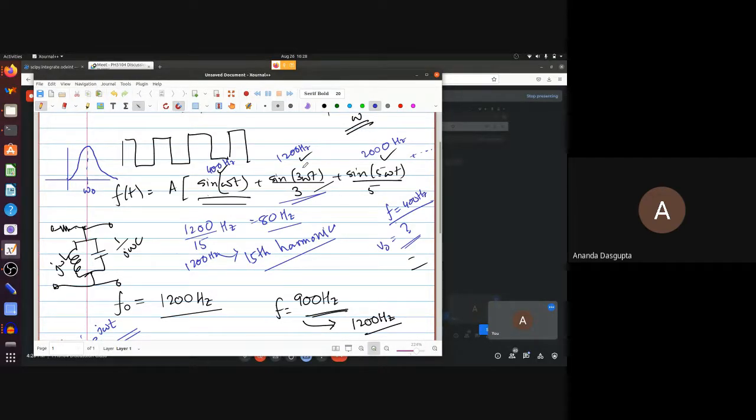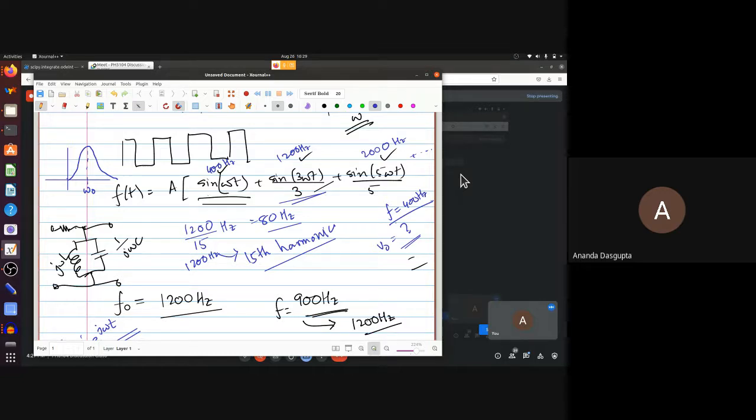Okay. Now, coming back to the question I asked a while ago. If you put in 80 hertz, then the 15th harmonic is 1200 hertz. So that alone, if that had been the only thing you would see at your output, you would see a sine wave whose amplitude would have been 1/15th the amplitude of the original signal. That's simply because of the 1/3, 1/5, 1/7 coefficients which are specific for the square wave.